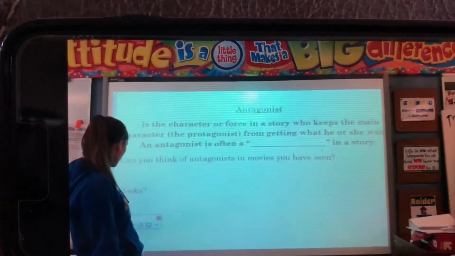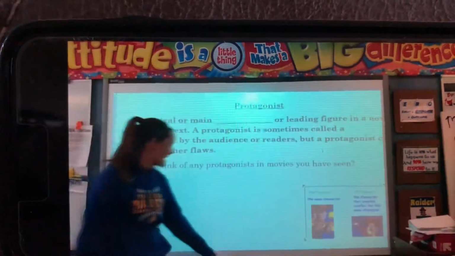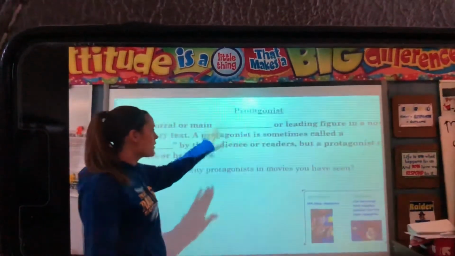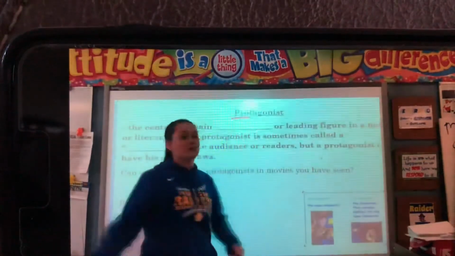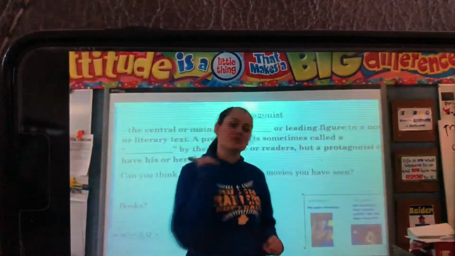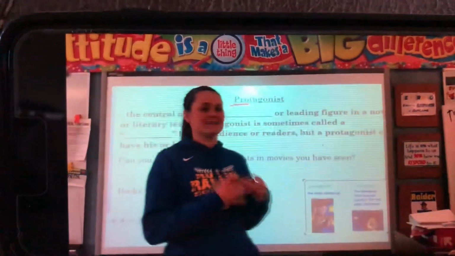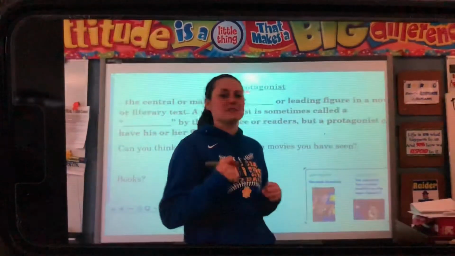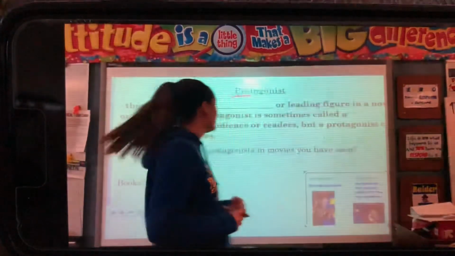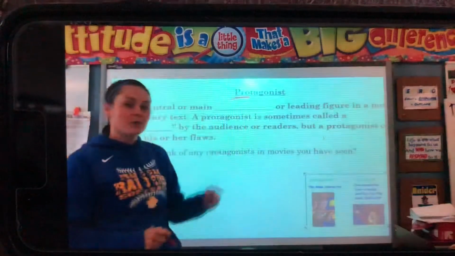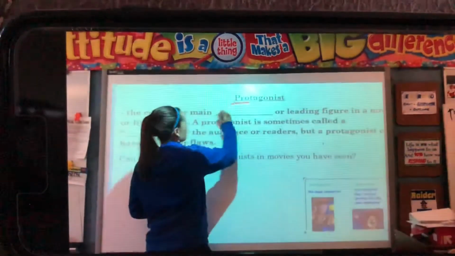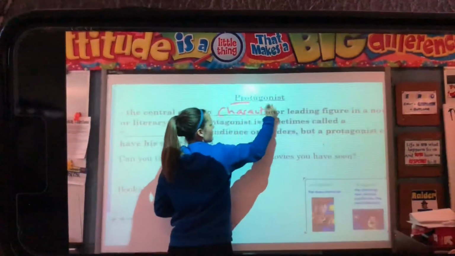All right, so to start, let's go with the protagonists, okay? So if you see here, we have the prefix pro, and if you remember, that means you're for something. So the protagonist is that person that you are always trying to support and you are for in the book or the movie. So typically the protagonist is going to be your central or main character, okay?